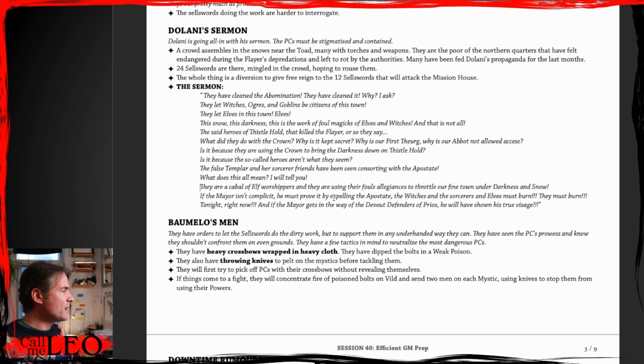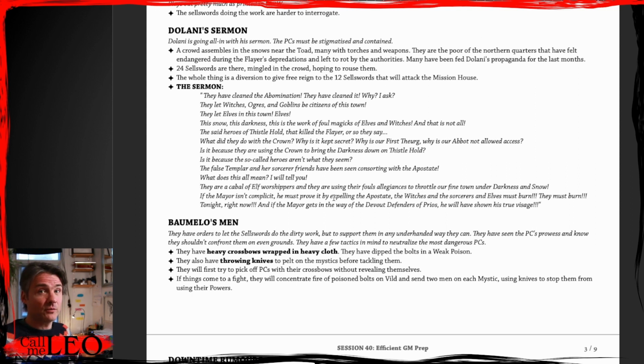He doesn't want to create a revolution to destroy the town, because he's a fervent believer. He wants to protect the town and the people, but he wants the mayor to act against the PCs and other people he will point out, to prove that he's a good Prios worshipper, because if he doesn't, then maybe he should be overthrown.